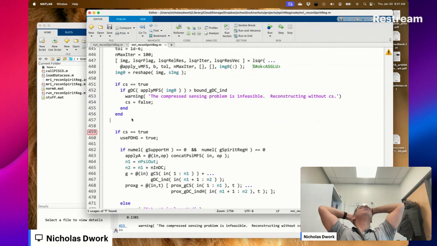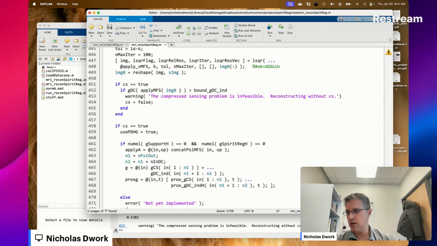Now, why would this problem be infeasible? Like, we knew the noise bound, right? And if it was overdetermined, why aren't we getting an excellent image out?